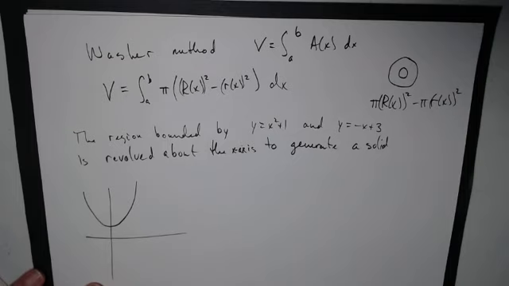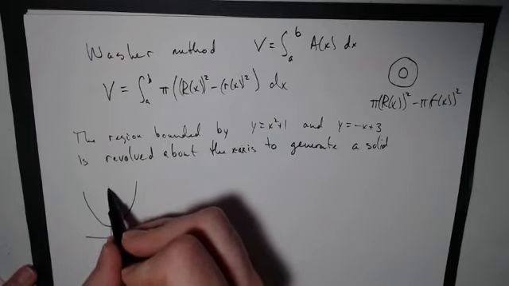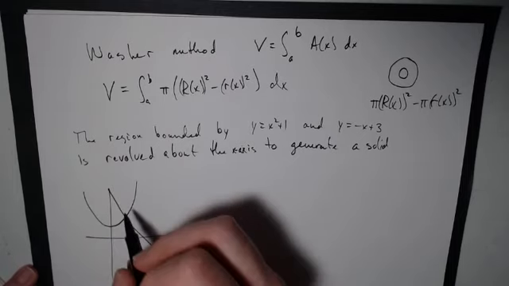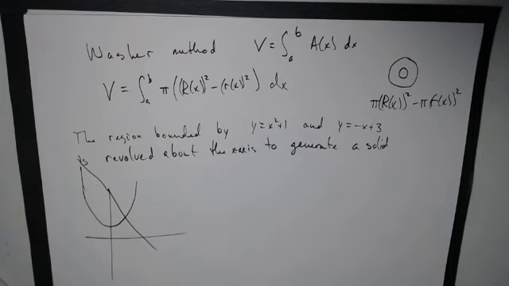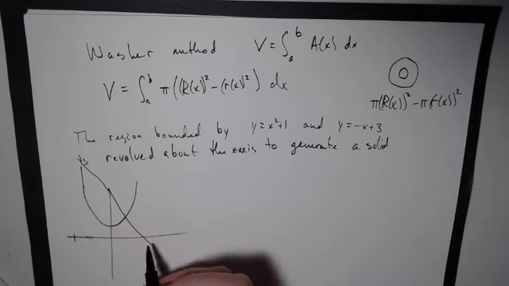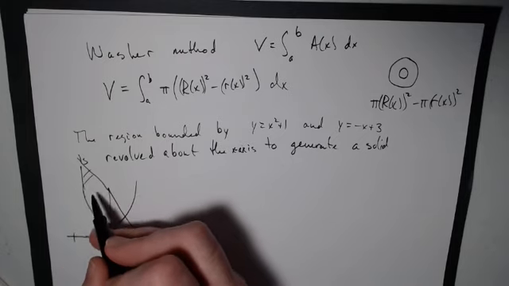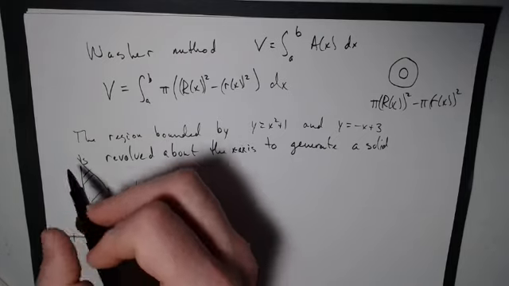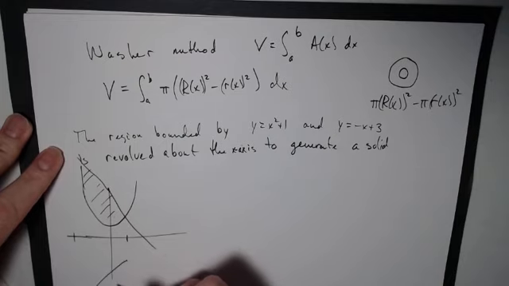Y equals negative x plus 3 is going to look something like that, which means we're going to need to go up a little further to catch that guy. So this goes to the left of the y-axis over here, and it stops over here, and we don't know what these points are, but this is the region that's bounded.